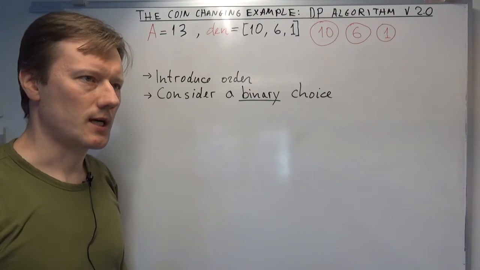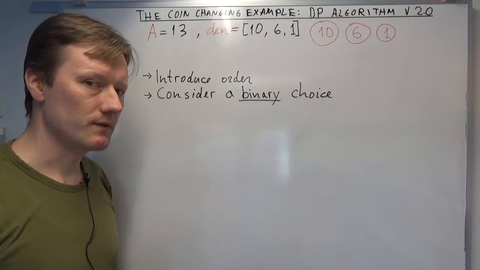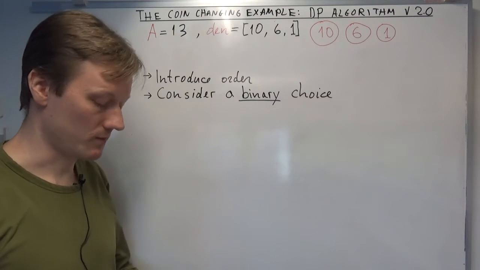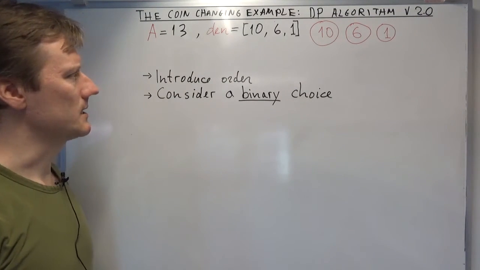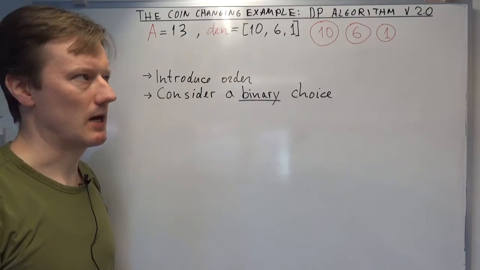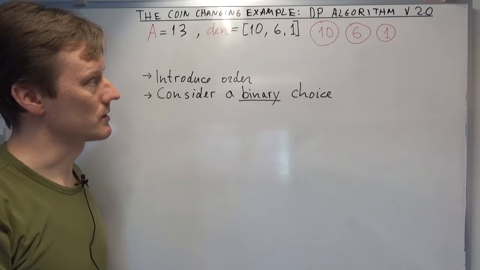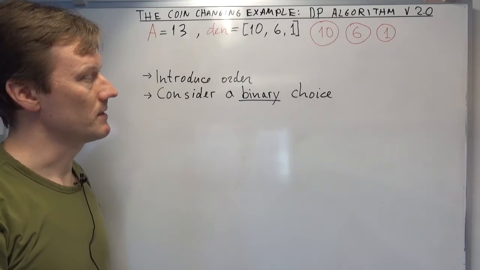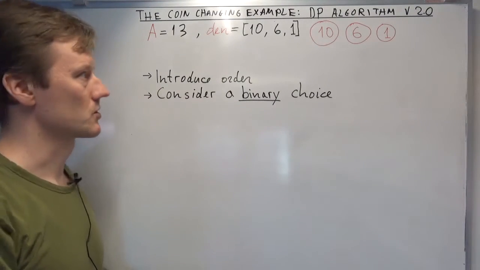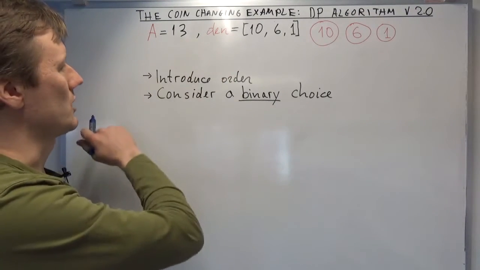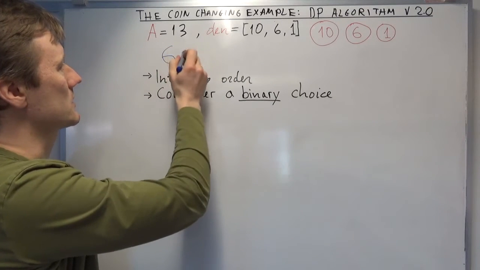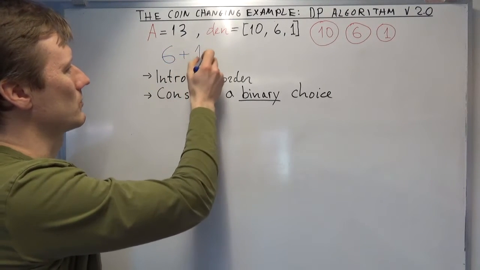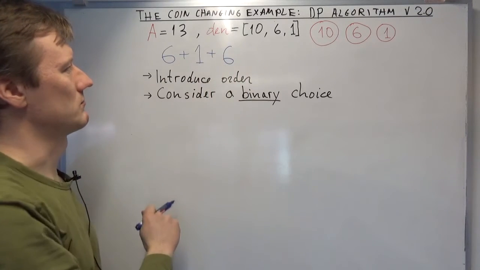One observation regarding the algorithm from the previous video is that in principle it can output the chosen coins in any order. So it could say, to change 13, you have to take 6, then 1 krona, then 6 krona.